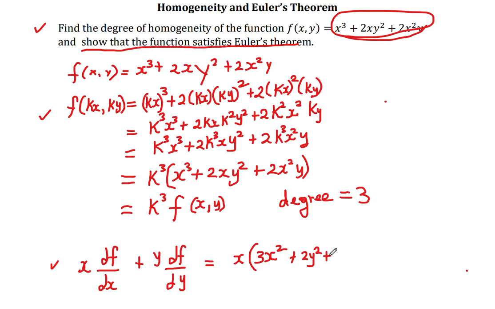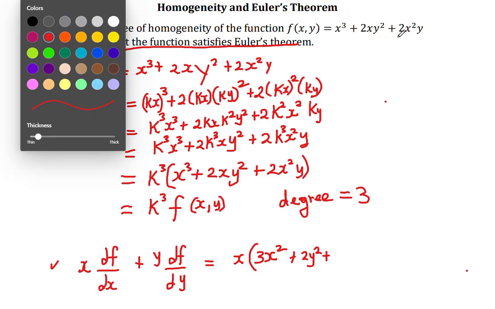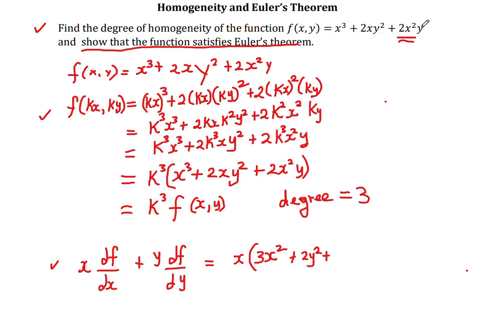Now I'm going to have plus. Now when we differentiate 2x squared y, we're going to be treating this y as if it's a constant, as if it's a number.